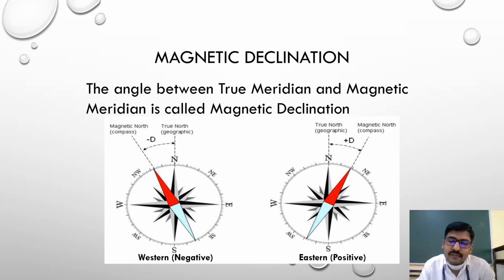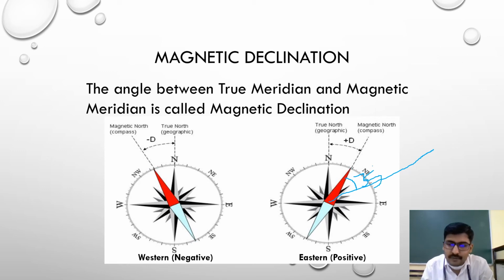Then the true bearing of the line will be that particular angle with respect to north. To show you in a proper way, I will draw a line AB. Let us say this is line AB and this angle of 35 degrees is the magnetic bearing of the line AB.